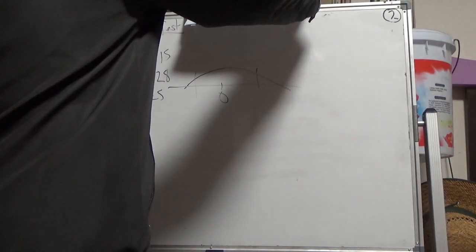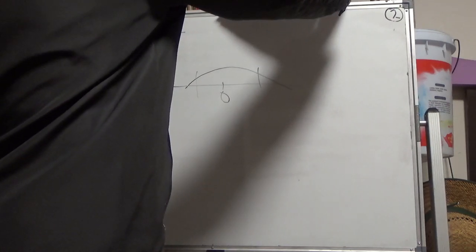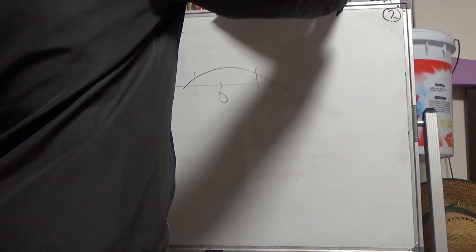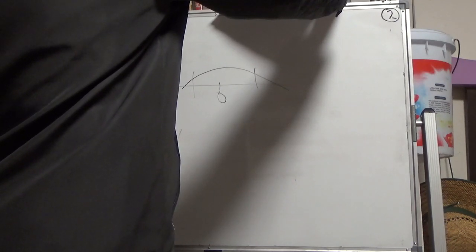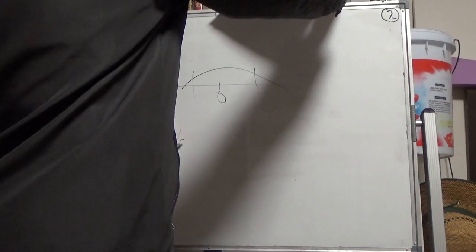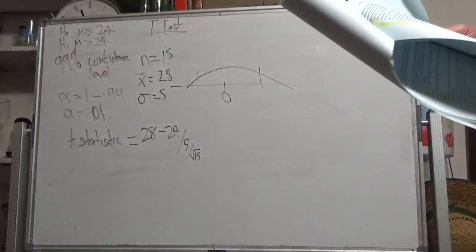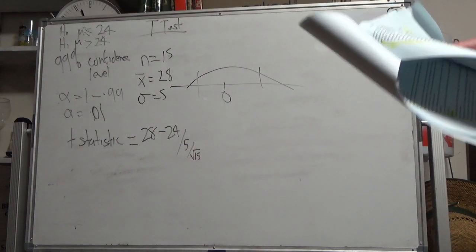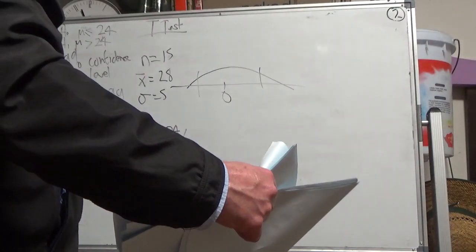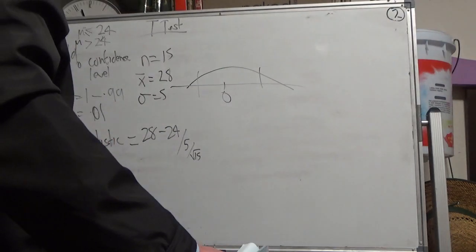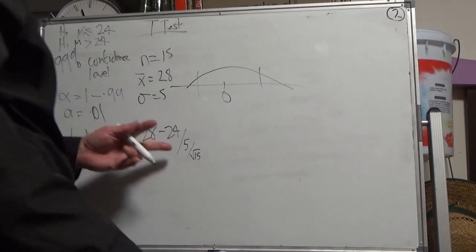The t-statistic formula is exactly the same as the z one. So it's 28 minus 24, divided by the standard deviation over the square root of the sample size, which is only 15 because it's a t-test. And that's your t-stat. After calculating all this out, and I don't have time to do it now step by step, you should be able to calculate that.